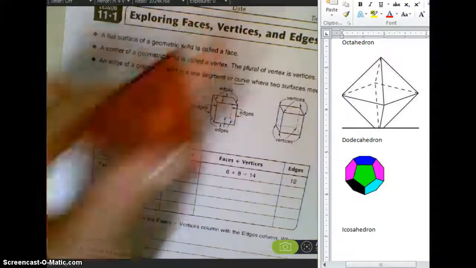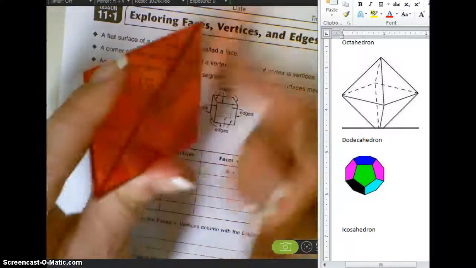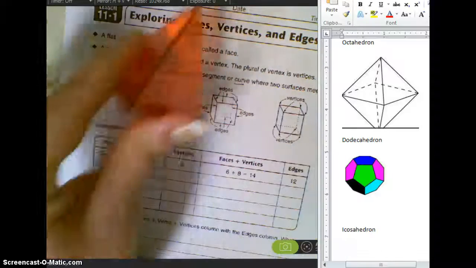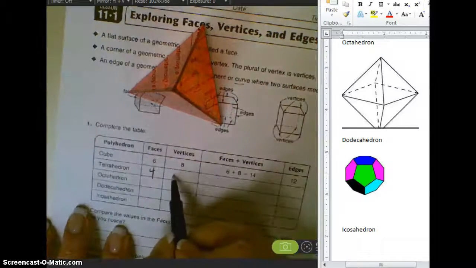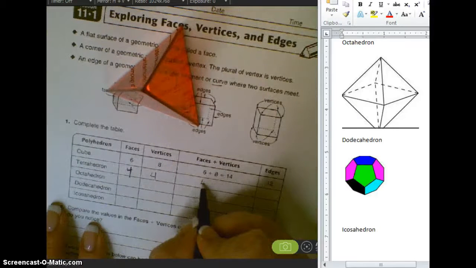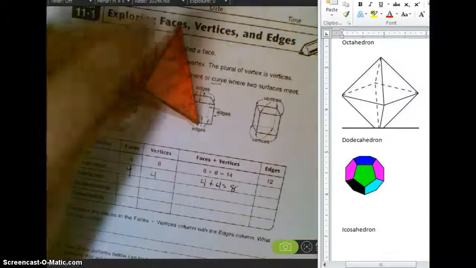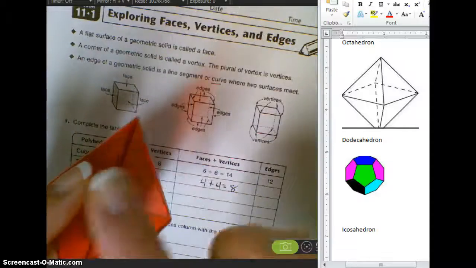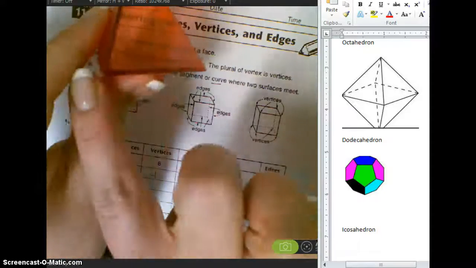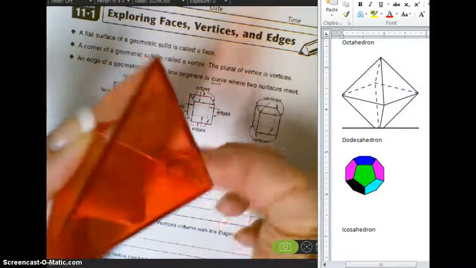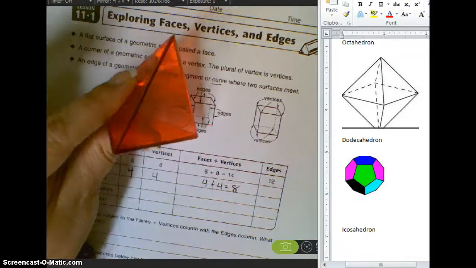Vertices, the points: we've got 1, 2, 3, plus the one at the top is 4. We're going to add those two together. 4 plus 4 equals 8. And then we want our edges. How many edges? 1, 2, 3, 4, 5, 6. We get 6 edges on that one.